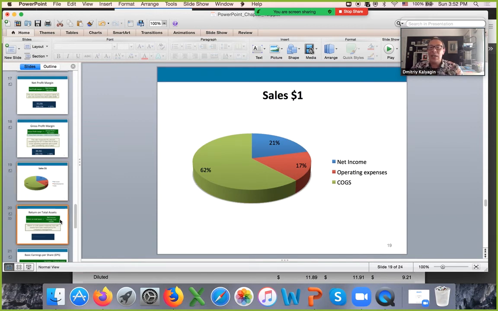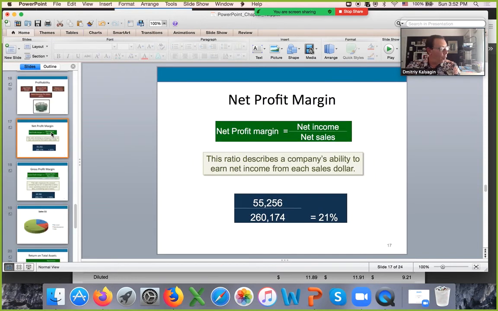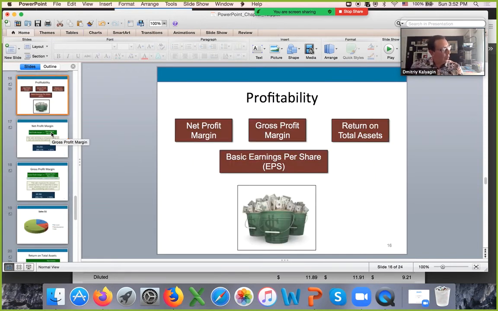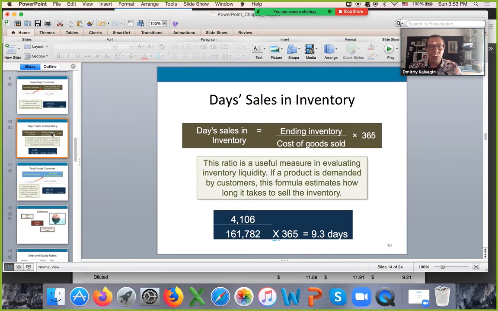The next ratio is called return on total assets, or it's better known as ROI, return on investment. I, as an investor, want to know how much profit the company earns for every dollar of assets. So average total assets we used with you before, in the previous ratio right here.